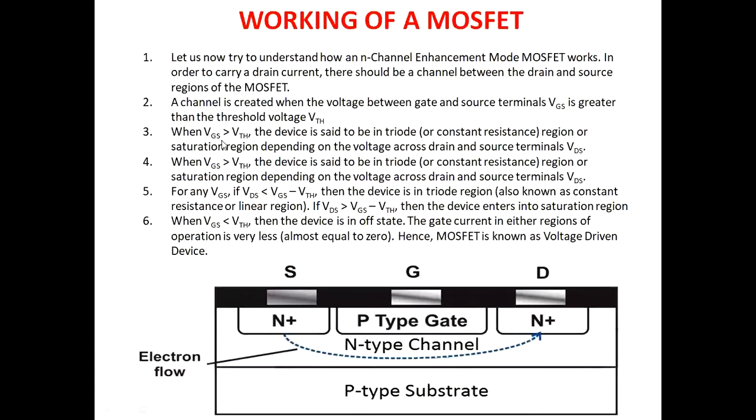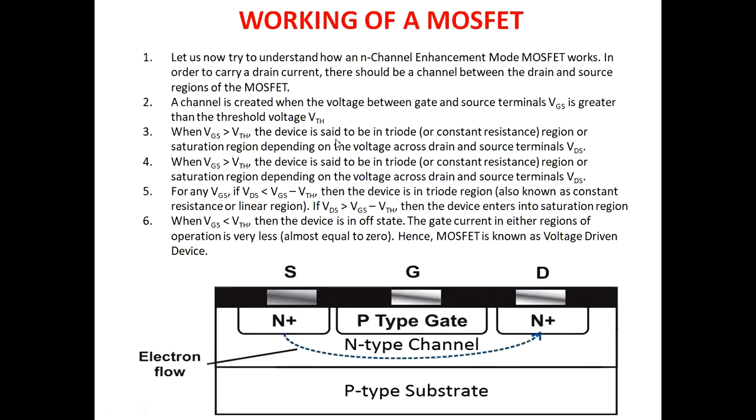When this condition is achieved, that is VGS is greater than VTH, the device is said to be in the constant resistance mode, triode mode or region, or saturation region. As the voltage goes on increasing, the conduction will start between source and drain.